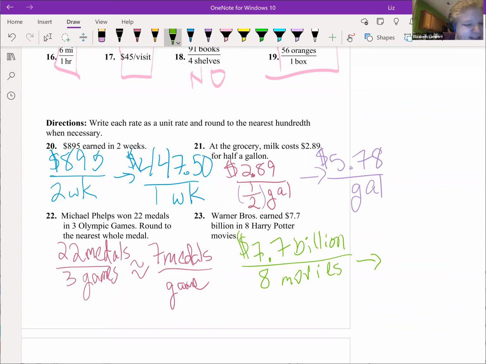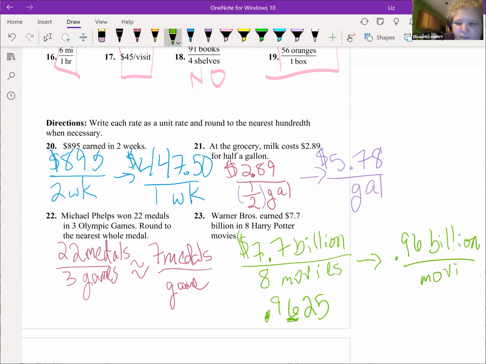And we get 0.9625. So I'm going to write that down here. But our original directions told us to round to the nearest hundredth. All right, so 0.962. That is not past our 5 mark, our halfway mark. So this is going to stay 0.96 billion per movie with the $ sign up here.